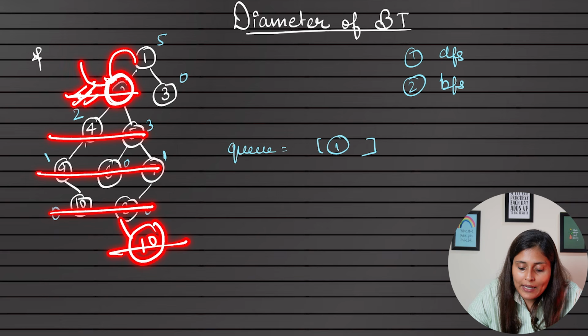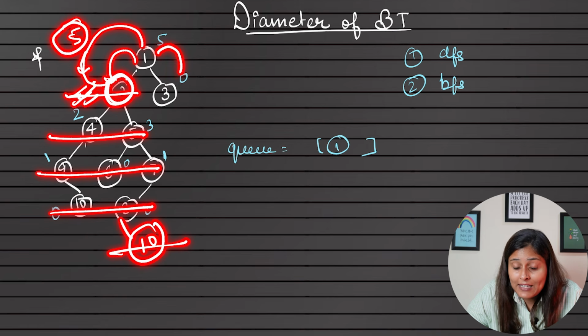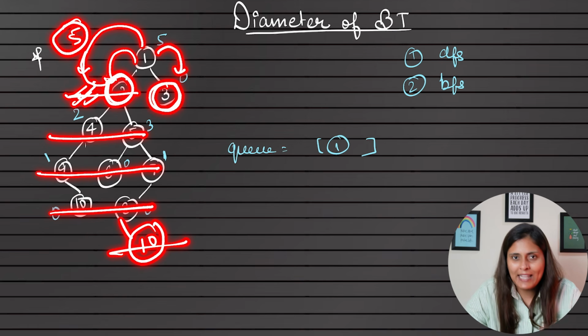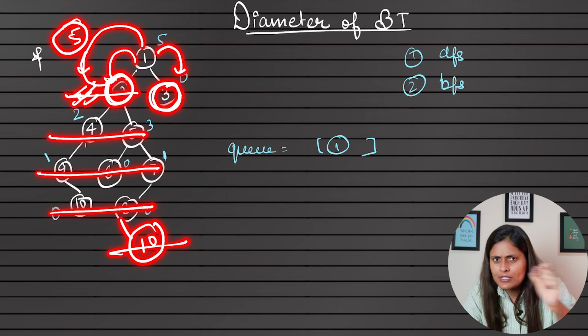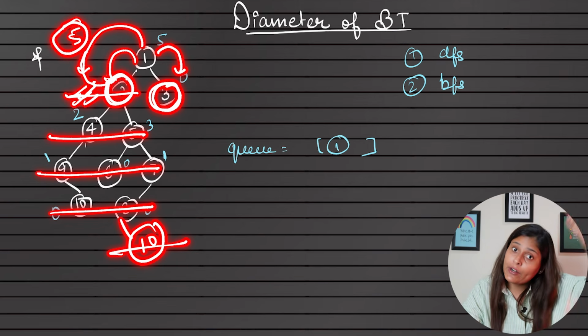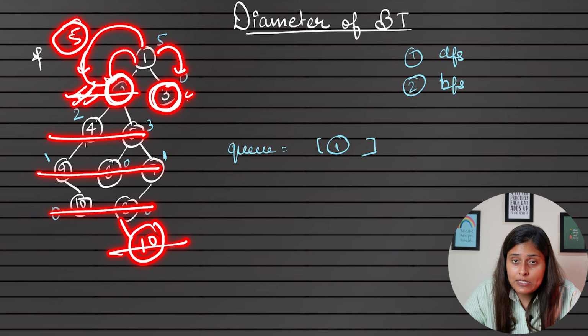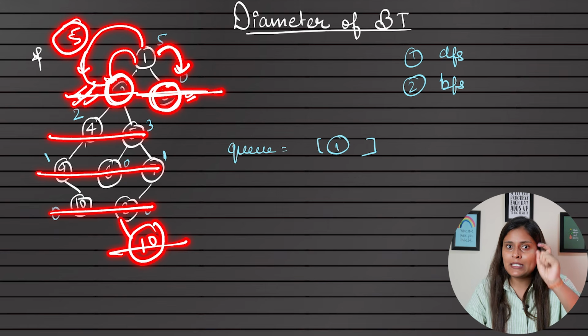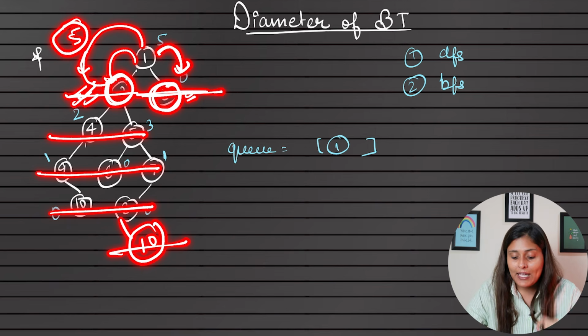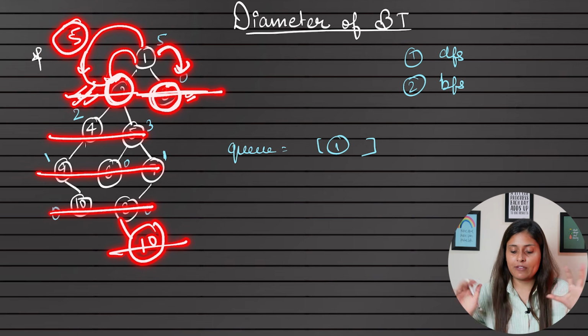From 1's left, it is 5 levels. From 1's right, if you call and apply that breadth first traversal for level order traversal, which we have already discussed in our previous video, it will say, hey, I have only 1 level. So once right is saying I have only 1 level, can I say I have only 1 edge?